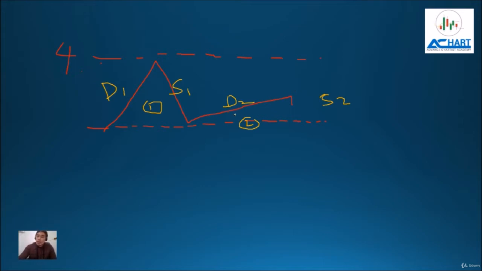When we talk about power analysis, this has power to move up, because if we compare the demand line to the seller, we could say that this buyer is more aggressive than the seller. Hence after it tries to retrace back, it has a high chance to go higher than the previous high, because it has power.